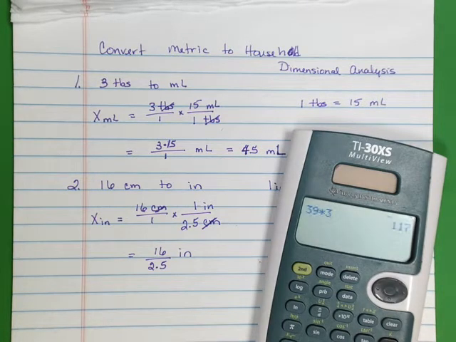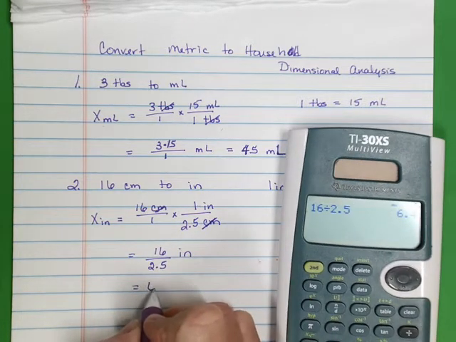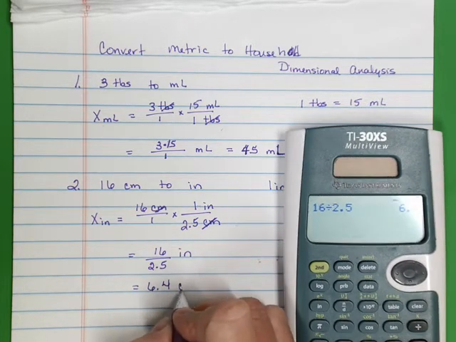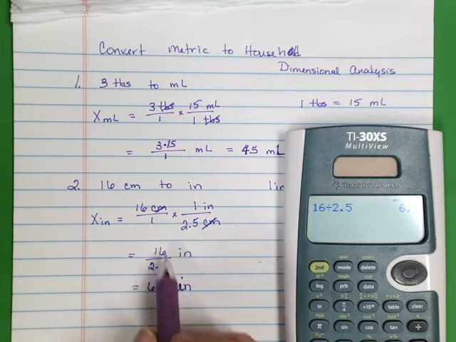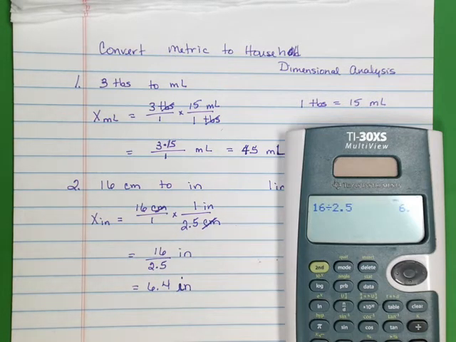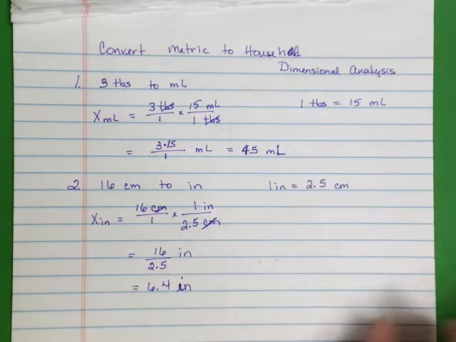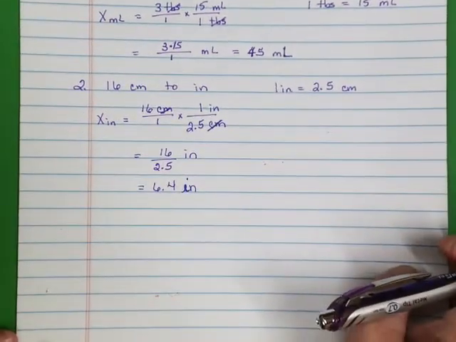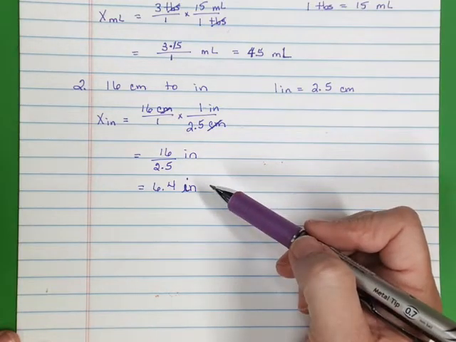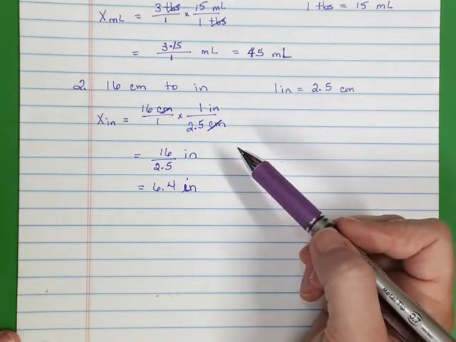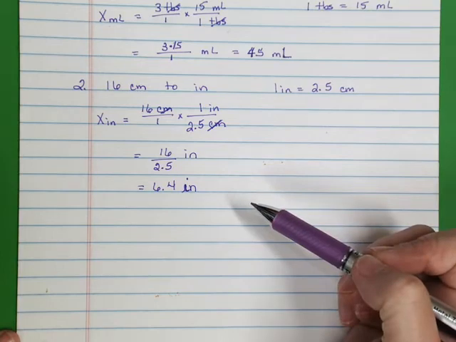So turn it on first though. 16 divided by 2.5 gives me 6.4 inches. So 16 centimeters is 6.4 inches. So when you have a number on top and a number on bottom, that's when you're dividing. If you have both numbers on top or both numbers on bottom, then you're multiplying.